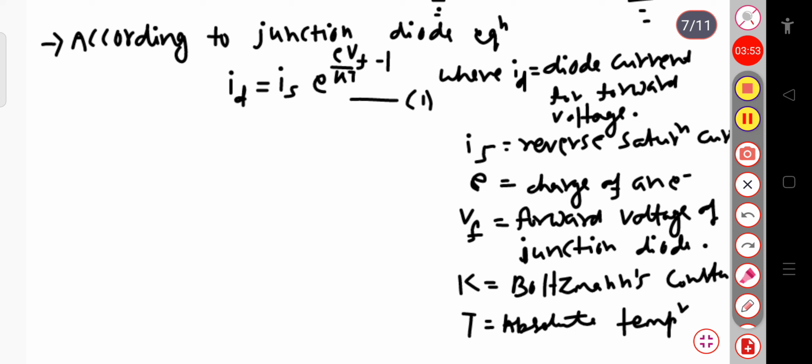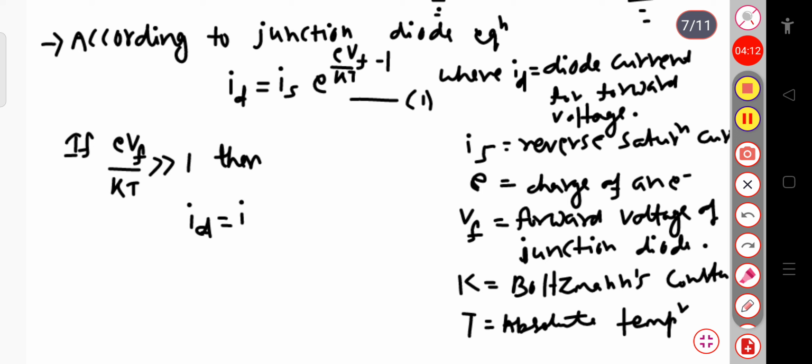Now if we consider that EVF by KT, the power of the exponential, is very much larger than 1, then in that case we can write ID equal to Is into exponential EVF by KT.